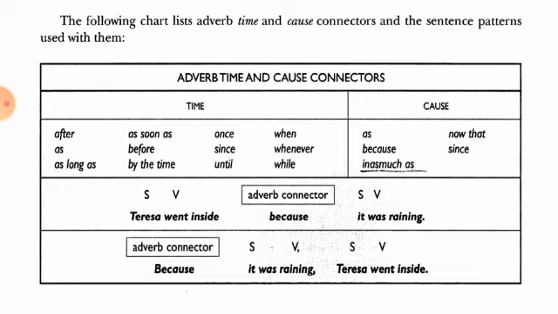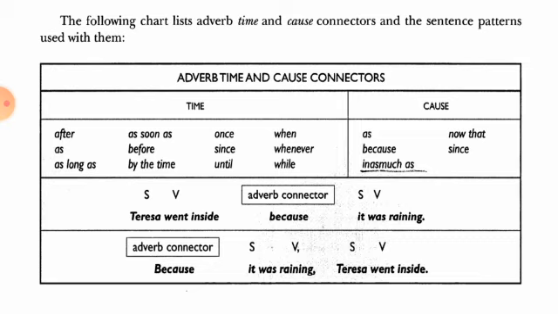Because here is the connector, and it is called a cause connector because it expresses cause. It comes in the middle of the sentence, therefore there is no need to use a comma.